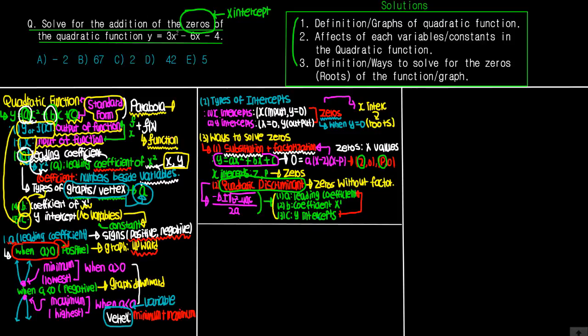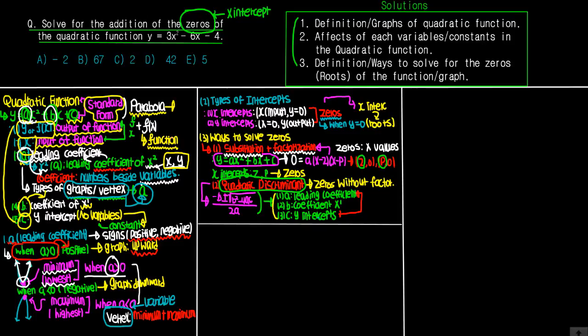And when it opens upward, it will contain one most important point, which we call the minimum, or the lowest point on our quadratic function.